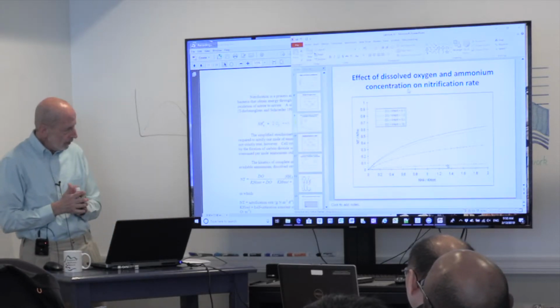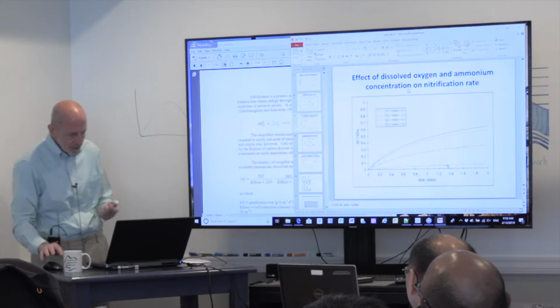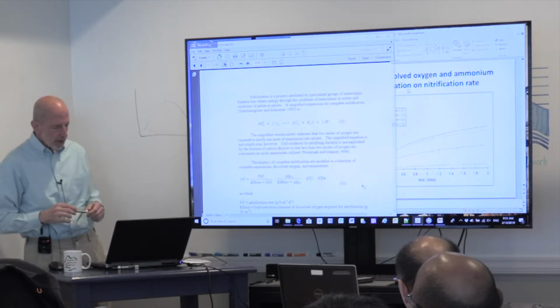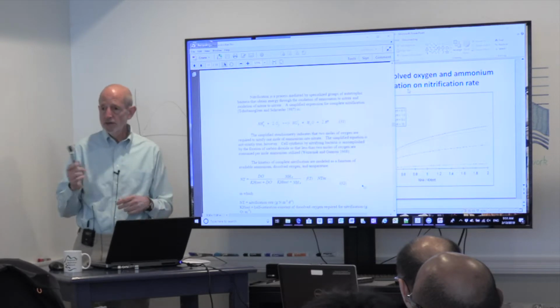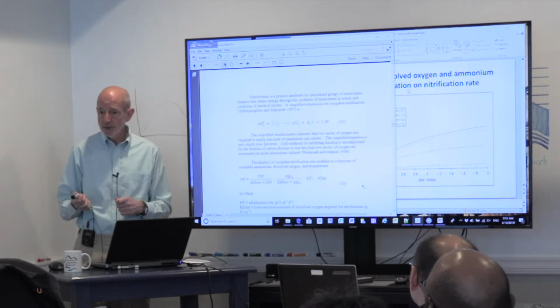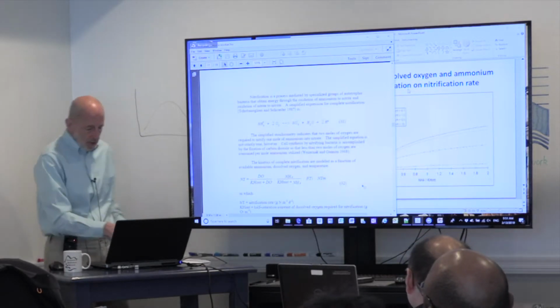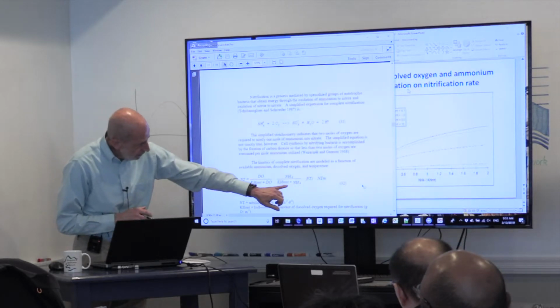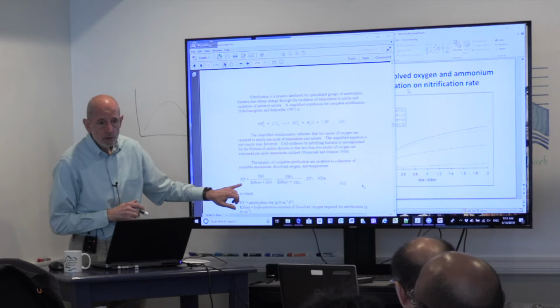This model is more or less differentiated from a lot of models. The nitrification rate is a first order constant times the ammonium concentration. And what you see here is that this will max out.